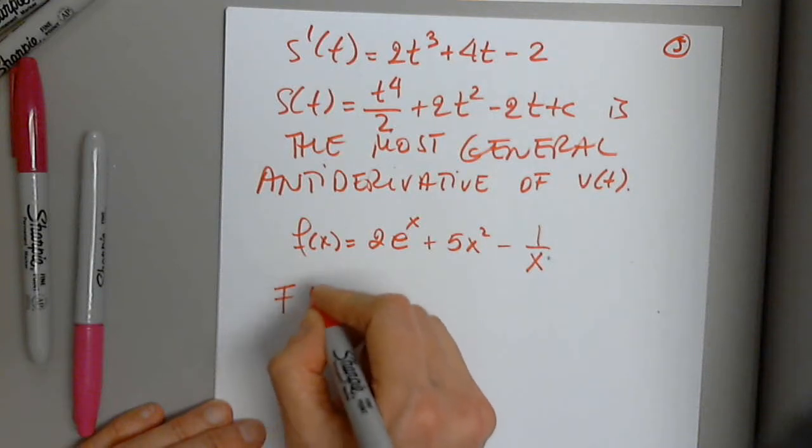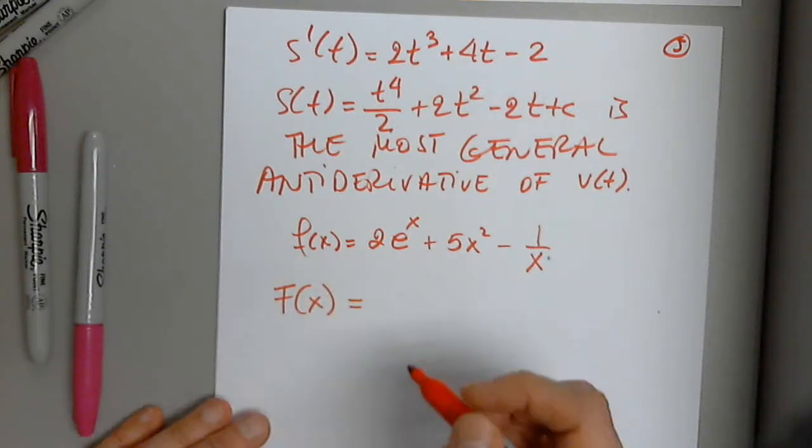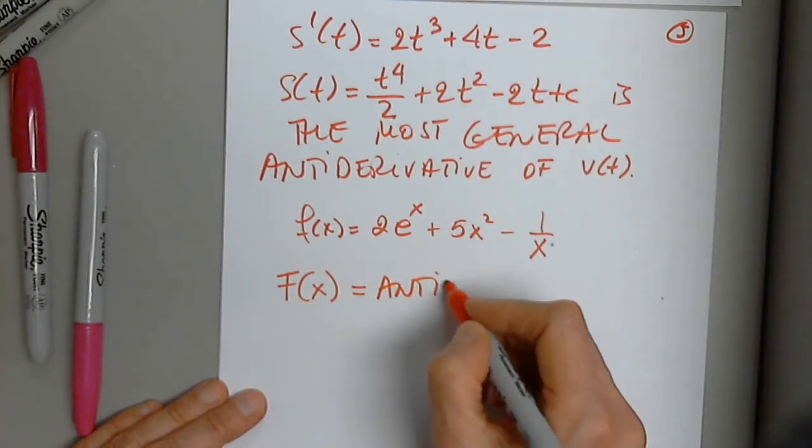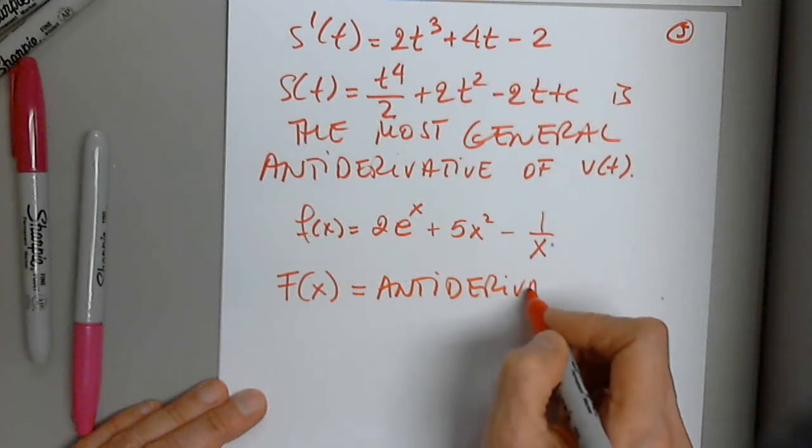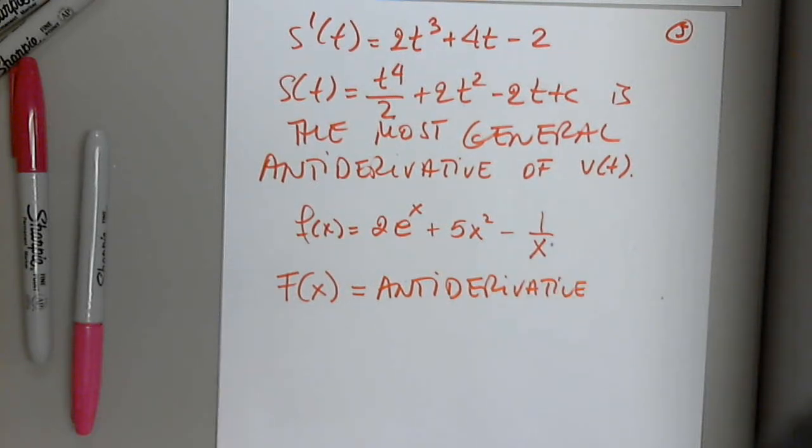We're asked to find the most general antiderivative. If you remember the notation a minute ago, I'm not given f prime, I'm given a function, and I'm asked to find the function whose derivative is this, or the family of functions whose derivative would be that.